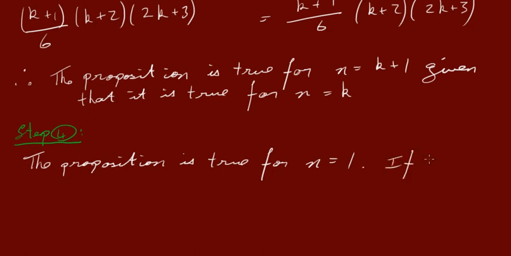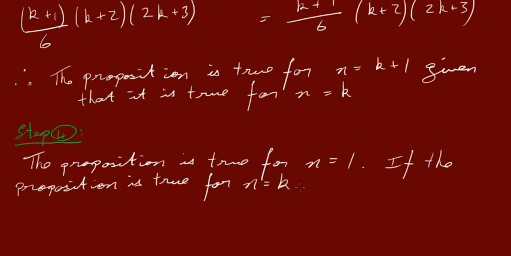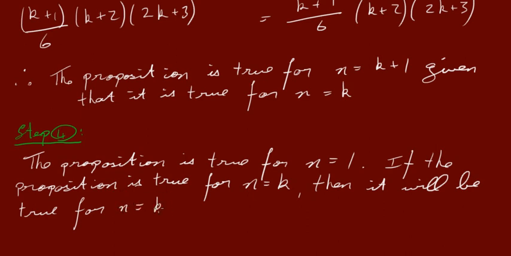If the proposition is true for n is equal to k, then it will be true for n is equal to k plus 1.